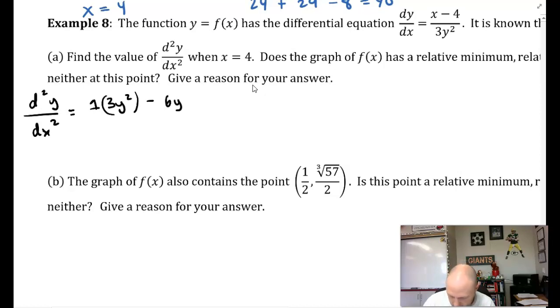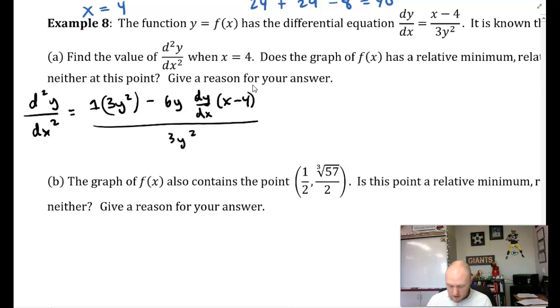So we have 6y, dy/dx, times the numerator, x minus 4. And then all of this is over (3y squared) squared. Now we want the second derivative evaluated at a point. Now they gave us a point here. That should be squared also.